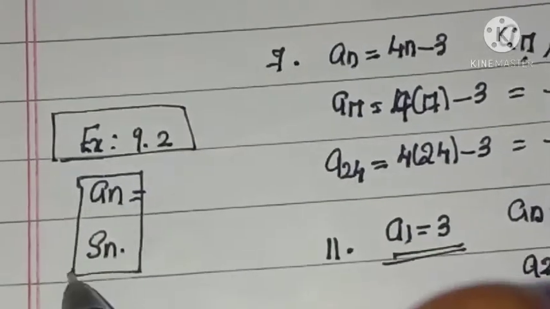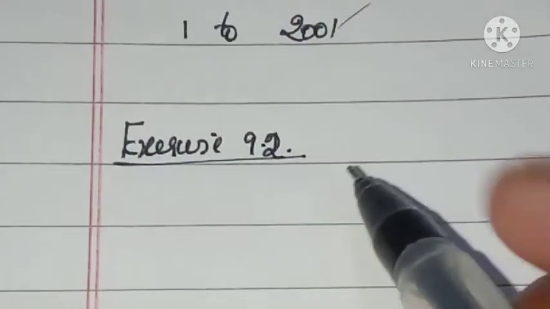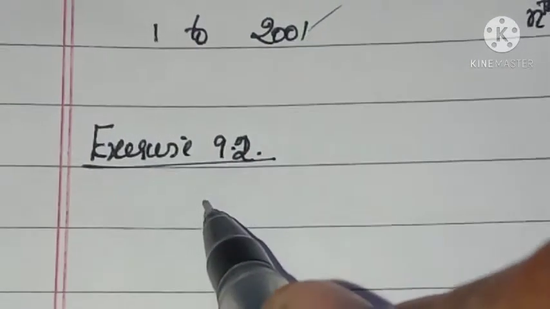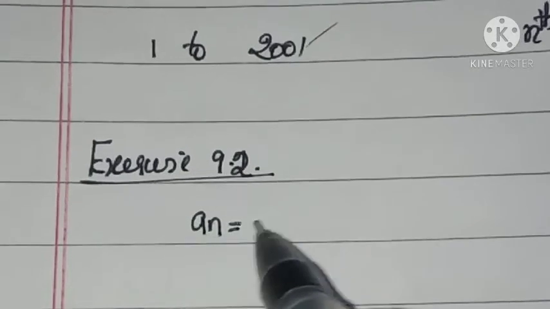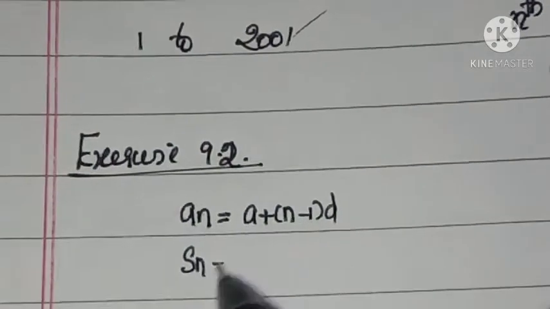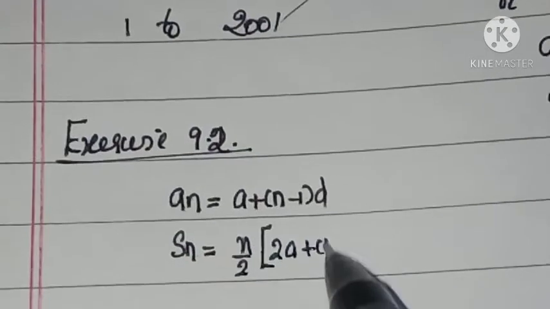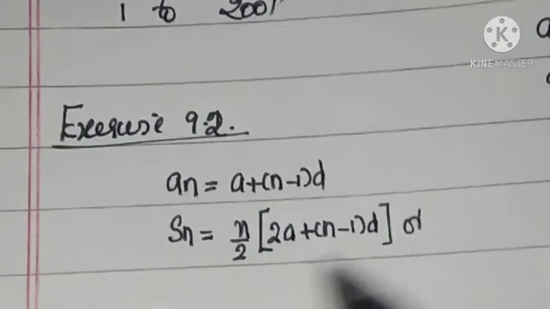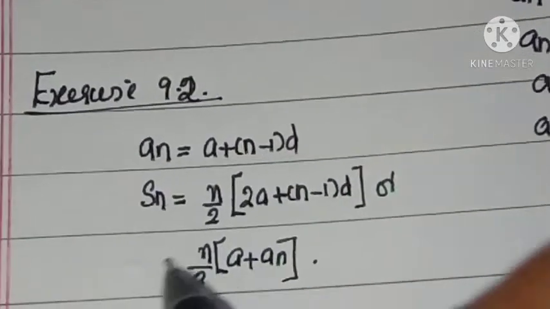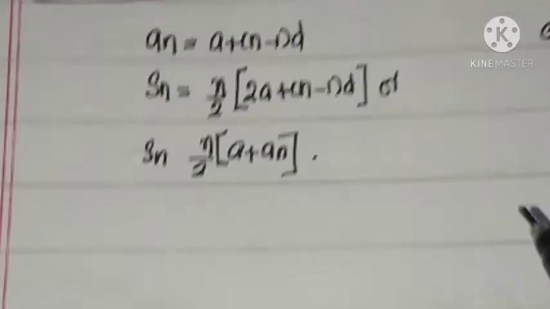Only these formulas, so you need to learn an and Sn by heart. The nth term is a plus (n minus 1) into d, and the sum to n terms, Sn, is n by 2 into (2a plus (n minus 1) into d), or n by 2 into (a plus an). So you should learn these two formulas by heart. Okay, the nth term and the sum to n terms.